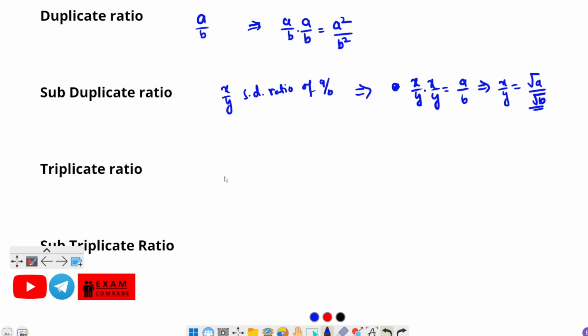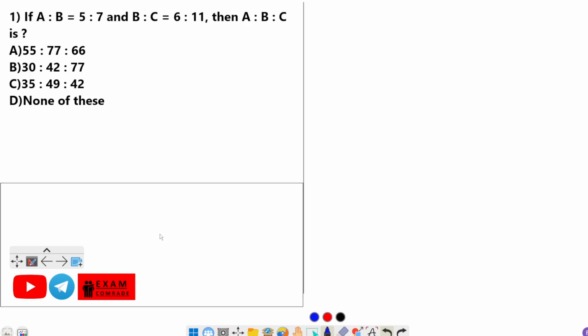Similarly, triplicate ratio is nothing but A cube by B cube. Subtriplicate ratio is cube root of A divided by cube root of B. These may be asked in any examination. Very simple questions. If you know it, you can do it very easily.